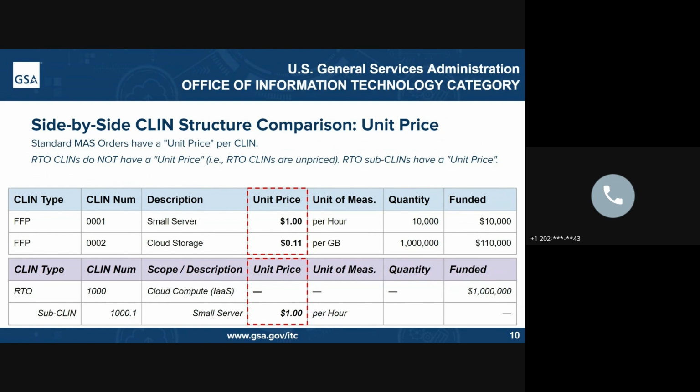This is because CLIN 1000 is only for scope. The subCLINs under it define, as we said, a specific catalog item, and therefore each has a specific and distinct unit price.